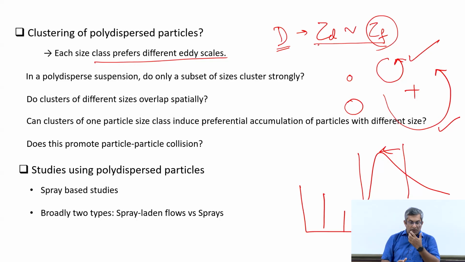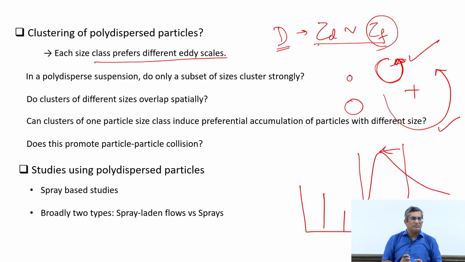Or is it possible that clustering due to one particle size somehow induces clustering in the other particle size? If that happens, then we cannot treat this as superposition of the clustering effect for individual particle sizes. And actually that is the case. We don't see discrete clusters like this if we have polydispersed particles.